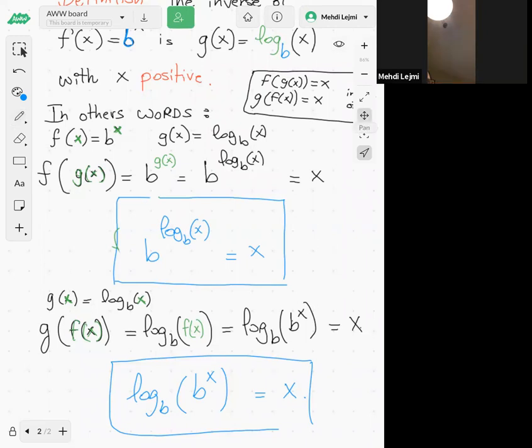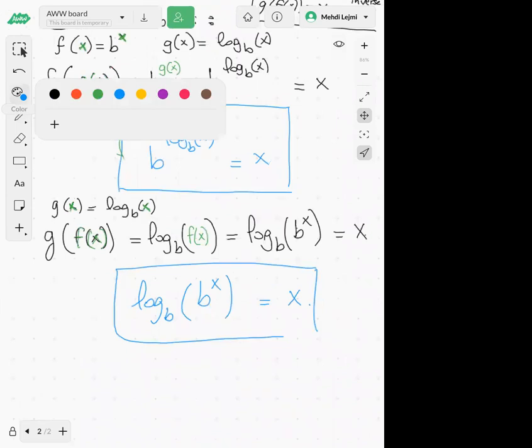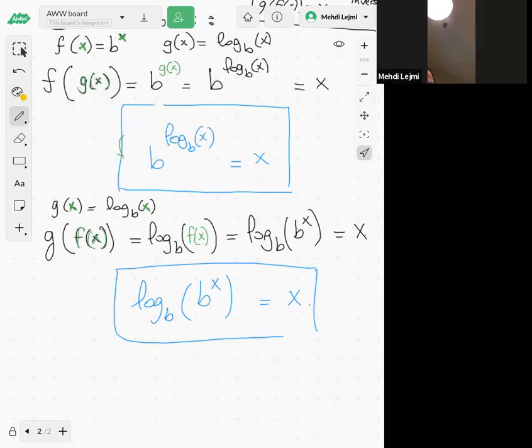Because of the definitions. You see, when I say this is my log, right? That's my log, and this is my exponential. When I say log is the inverse of the exponential, it's like saying they cancel out, and then you end up with x.